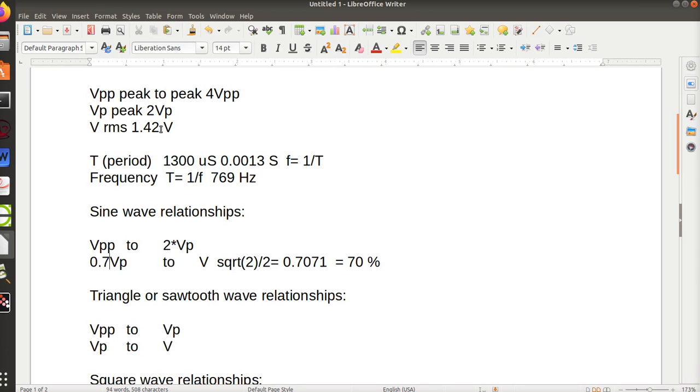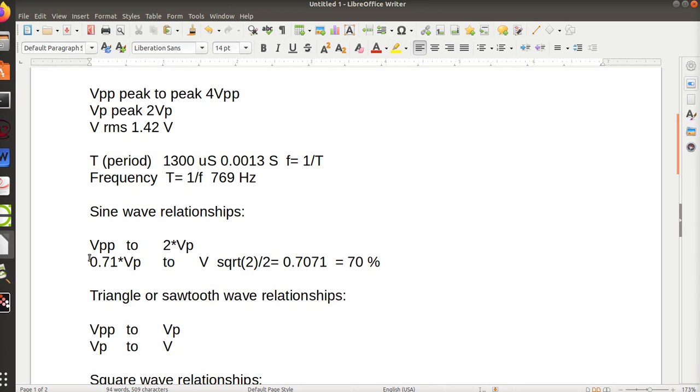And that's how I got this number up here. I actually used 0.71. So 0.071 VP is my V. And if I've got a V and I want to get my VP, then I divide by 0.71. So I can go back and forth between these two just with a little bit of math.